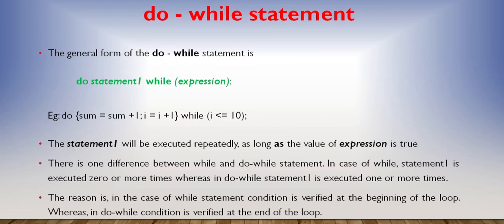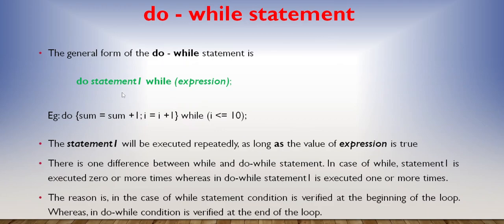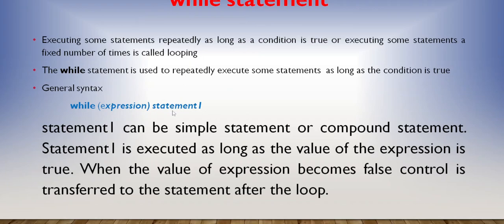Similarly, you have the do while statement. The difference is that the while expression is at the end: do statement 1, while expression. That means do the statement as long as the value of the expression is true. But in the case of while, the statement is executed only if the value of the expression is true.